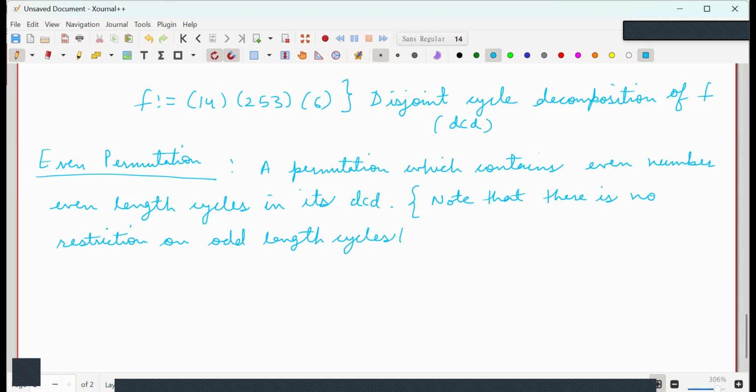They can be even or odd, anything, but the even length cycles should be of even number. Clear? And an odd permutation, the same definition works. It contains an odd number of even length cycles.